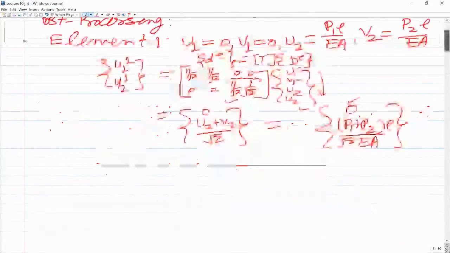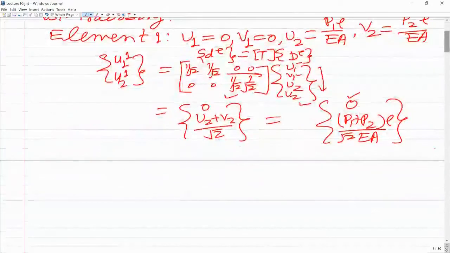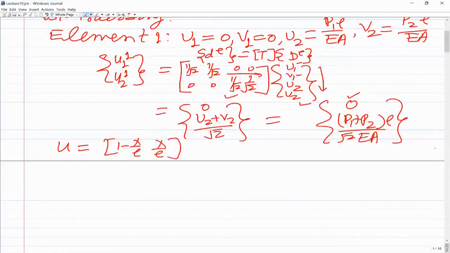Now once we know the vector of elemental degrees of freedom in the local coordinate system, we can write u equal to the shape functions. So 1 minus x by l and x by l are the shape functions for a two noded truss element, into the vector of elemental degrees of freedom, u11 and u21.